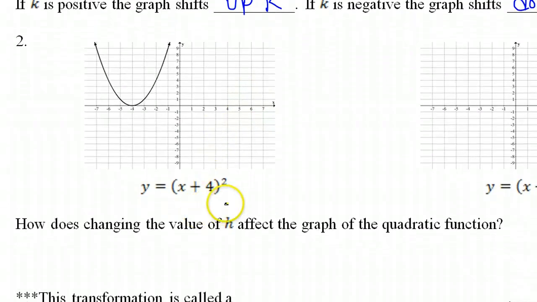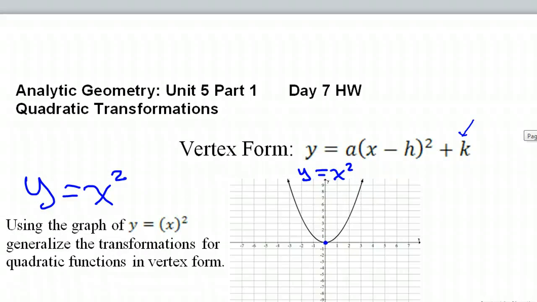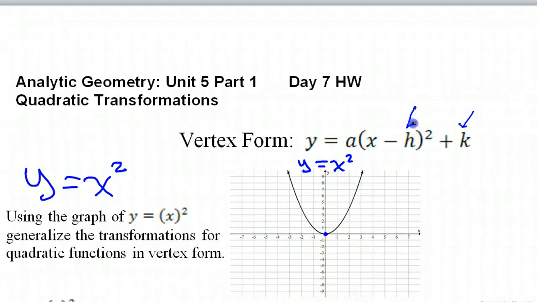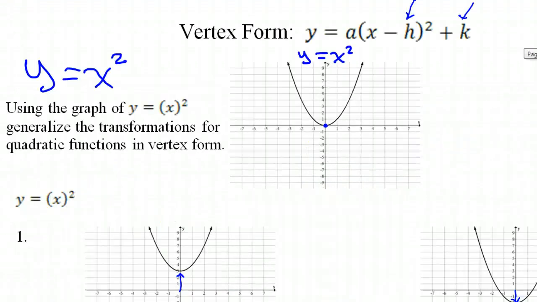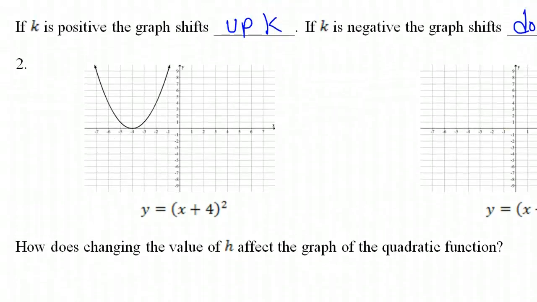Now, let's look at what happens as we add and subtract inside the parentheses, that's being squared along with the x. We're calling this the h value, because if we look back at that model, the h is inside the parentheses here.